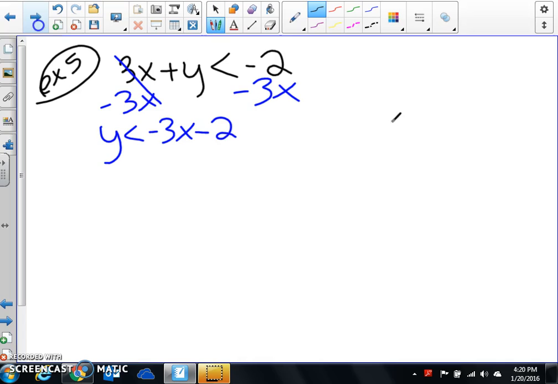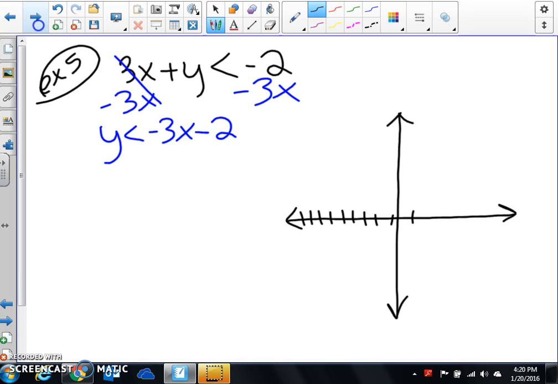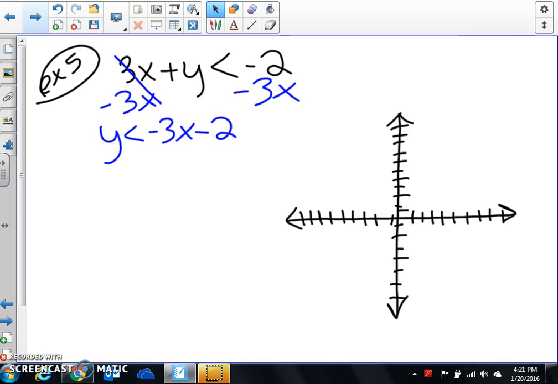Now it is in y equals mx plus b. So I go to negative 2 because that's my b, my y-intercept. My slope is negative 3 over 1, so I drop 3, go to the right 1, and then I do the opposite, up 1, 2, 3 over 1.